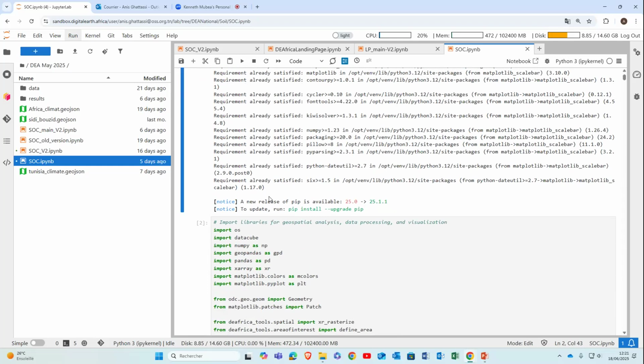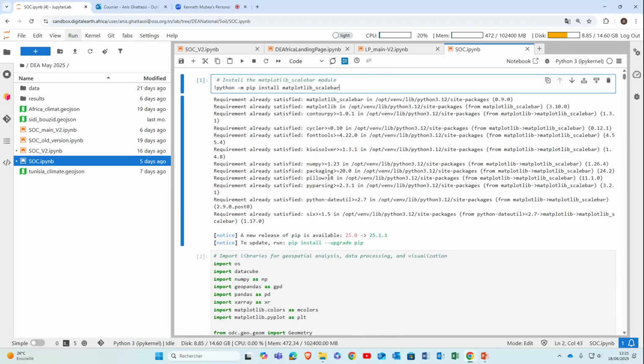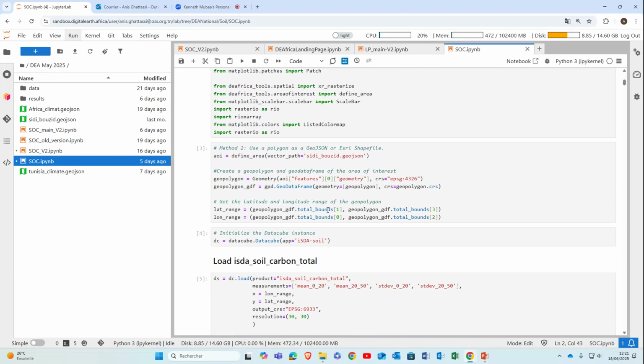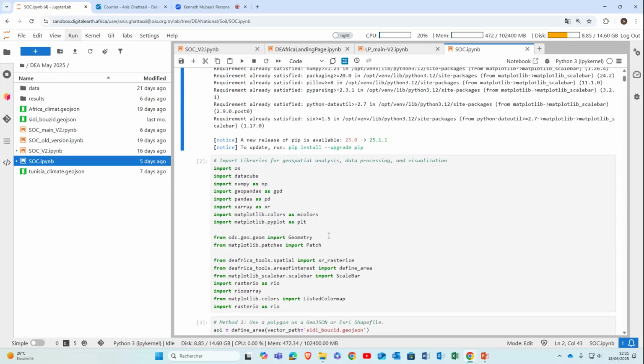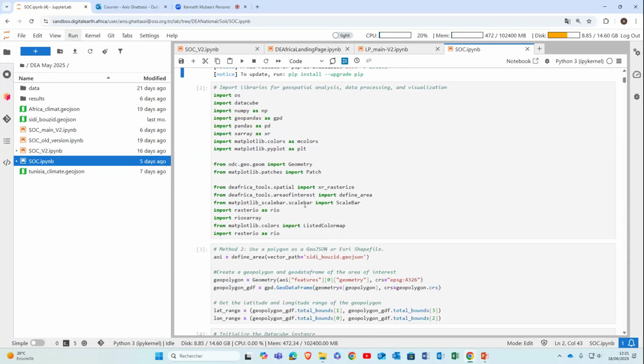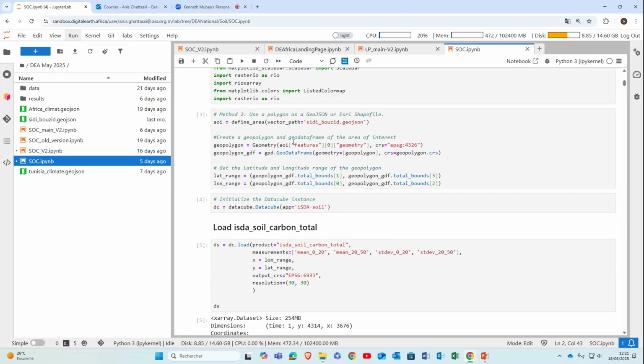So for this part, after installing and importing the different libraries, we used a polygon as a GeoJSON file here to make things easier.